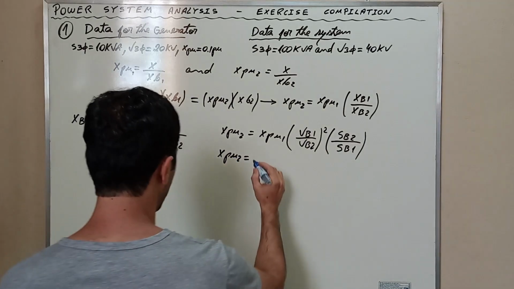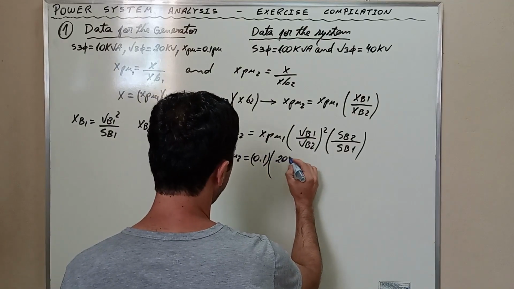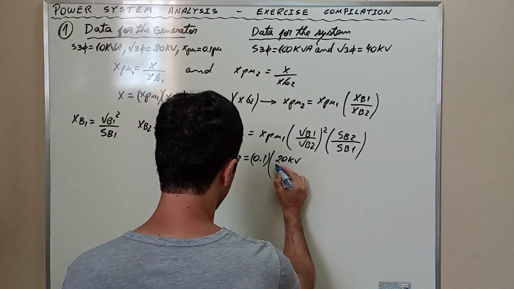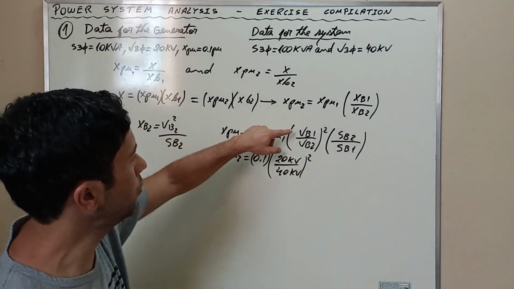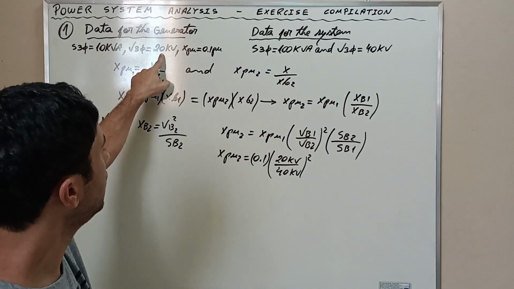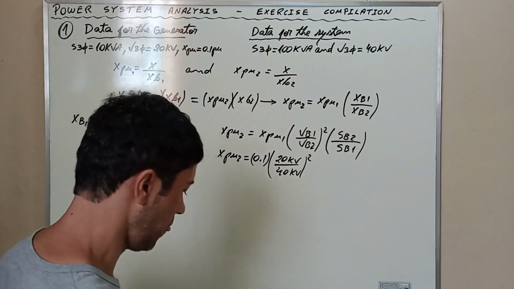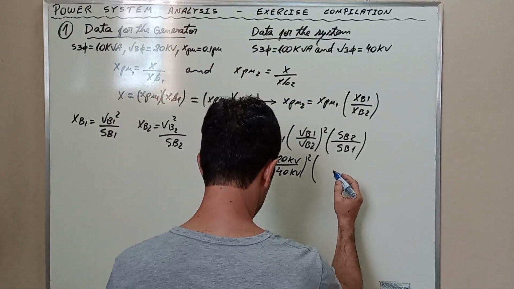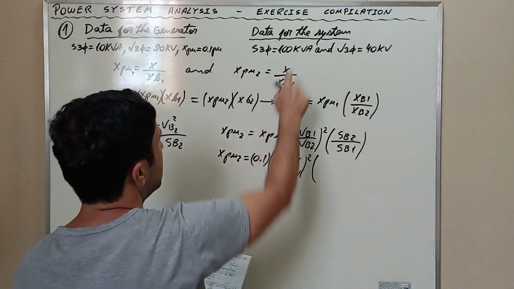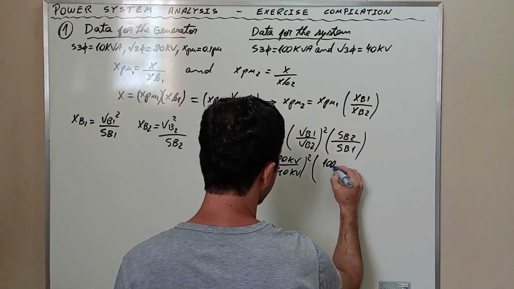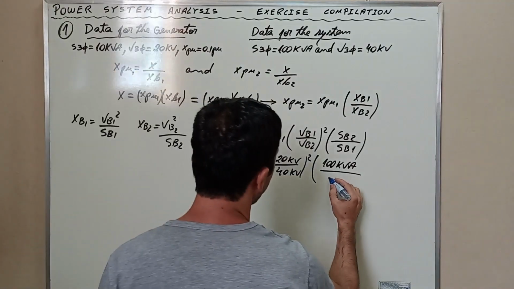xPU2 is equal to 0.1 times 20 kV divided by 40 kV, okay, squared, because VB1 is 20 kV and the VB2 is 40 kV. And now the powers: SB2 is 100 kVA and SB1 is 10 kVA.